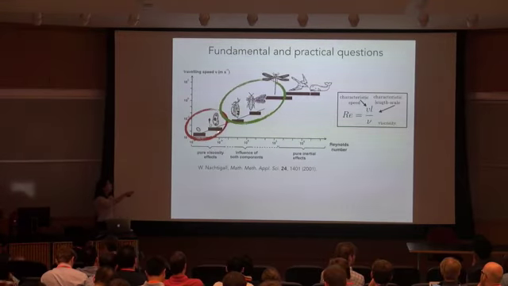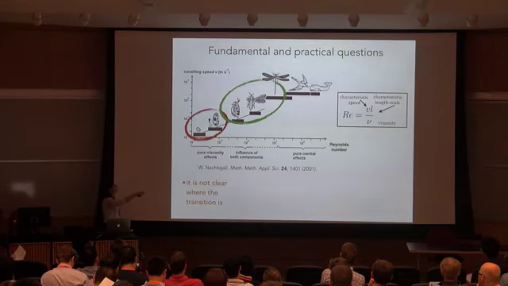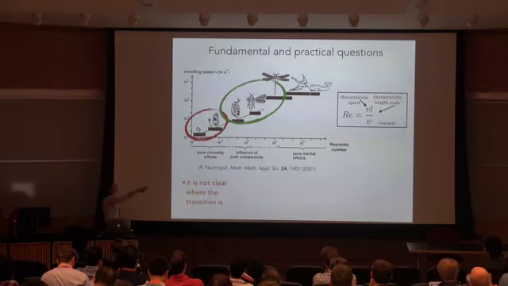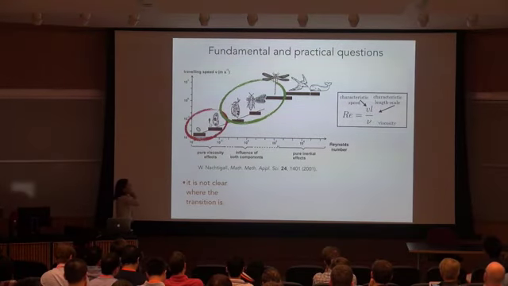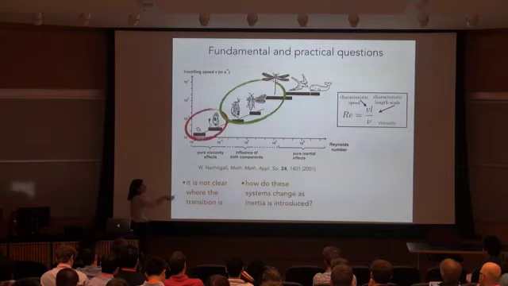But if you look at this plot more carefully, you'll notice there's no clear transition between the low Reynolds number regime and the intermediate Reynolds number regime. Over here, inertia probably does play a role. In the intermediate regime, we need to consider both viscosity and inertia. When we're at very low Reynolds number, we think we're okay assuming there's no inertia. But there's a dashed line here, and it's not clear where this transition takes place.